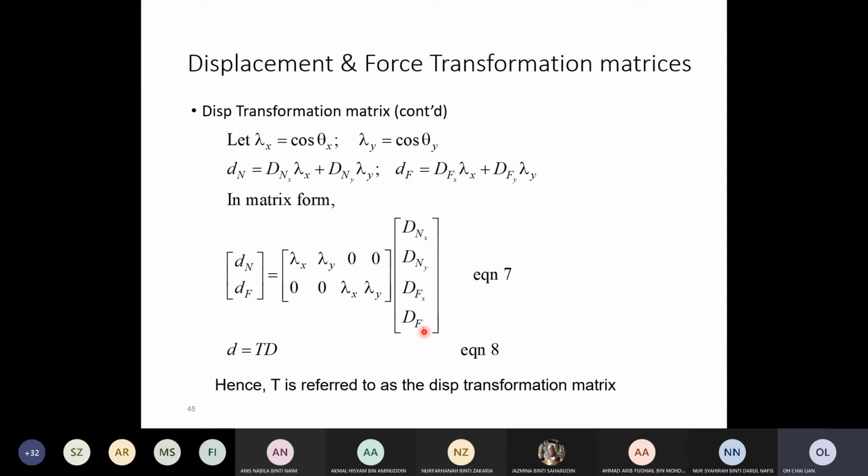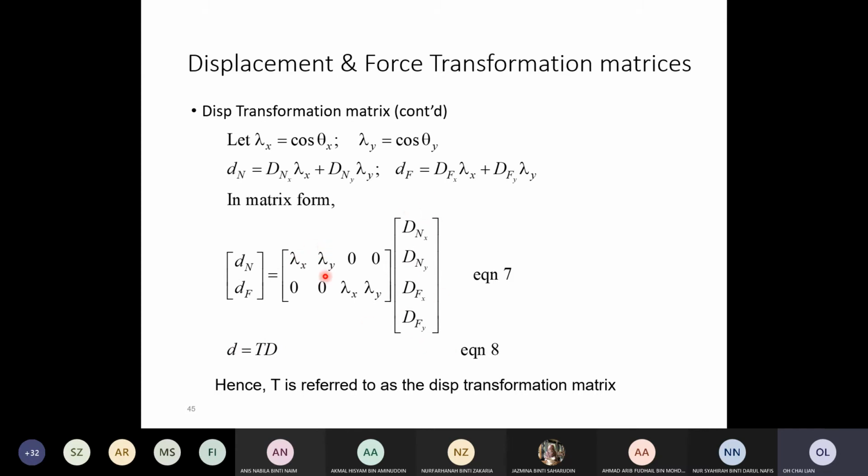But if you want to find the elongation or shortening, that is not at the global coordinates, that is at the local. So if you would like to know that local displacement, you need to use this equation to determine the local from the global displacement you have solved.